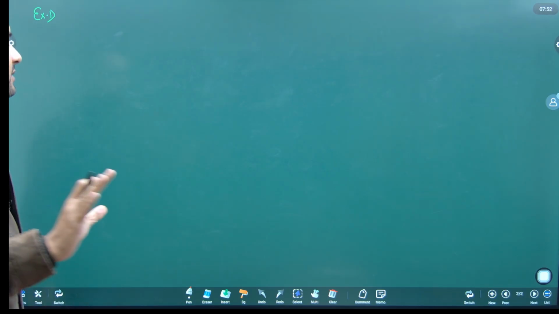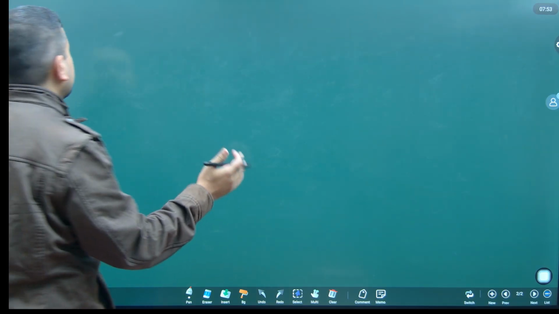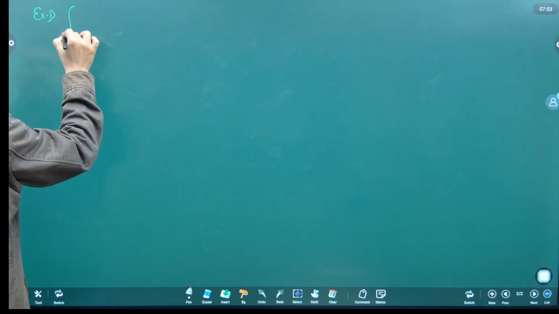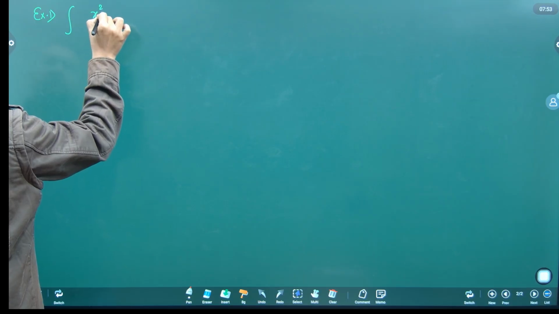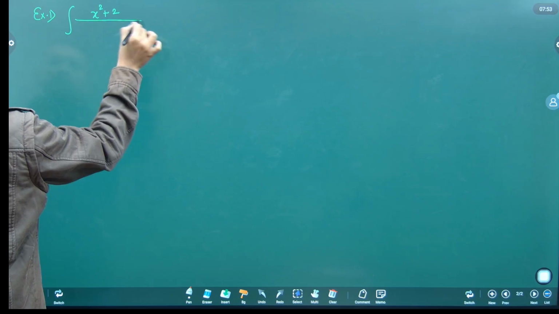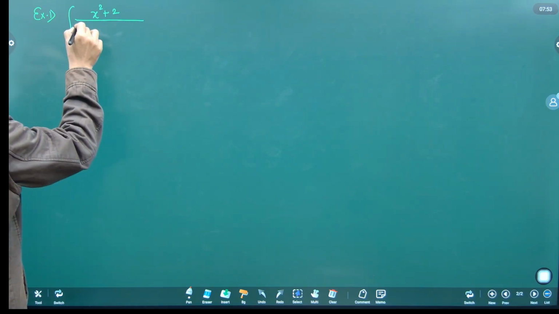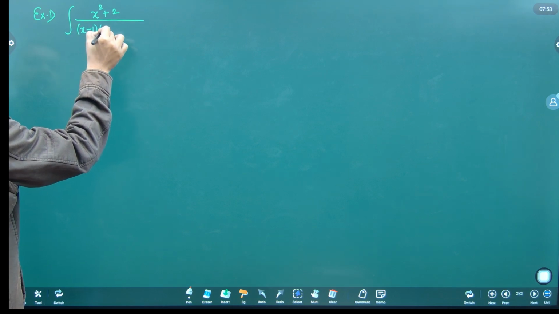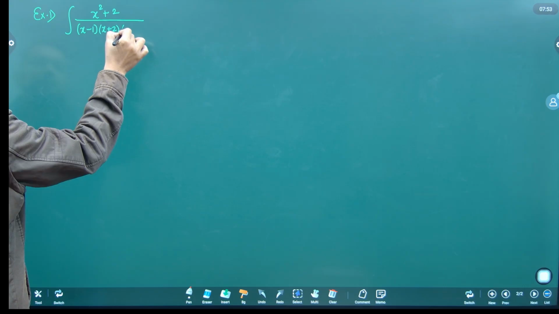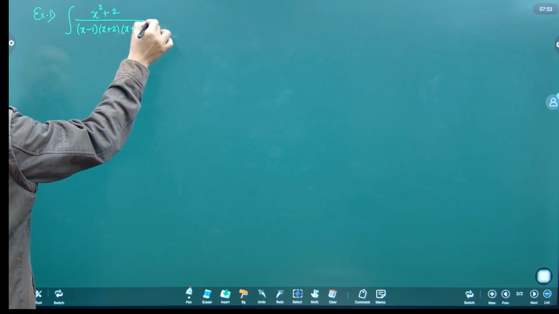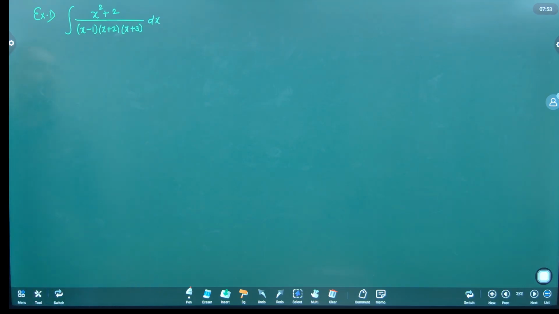Let us start with something simple so that you will get an idea and then we will increase the difficulty level. So the first one is the integral of x square plus 2 divided by x minus 1, x plus 2, x plus 3 dx. So this is the integral to be solved.